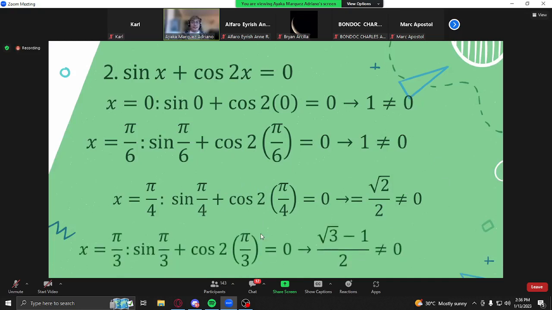We also have pi over 3. So we have sine pi over 3 plus cosine double of pi over 3. The answer is the square root of 3 minus 1 over 2. And that's still not equal to 0. So wala pa rin dito yung hinahanap nating sagot.